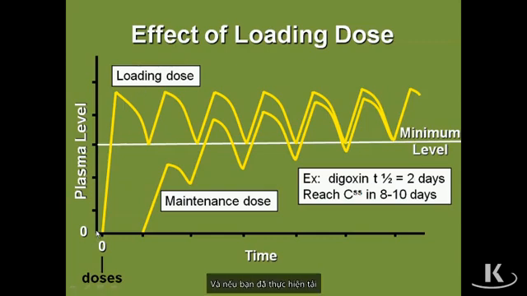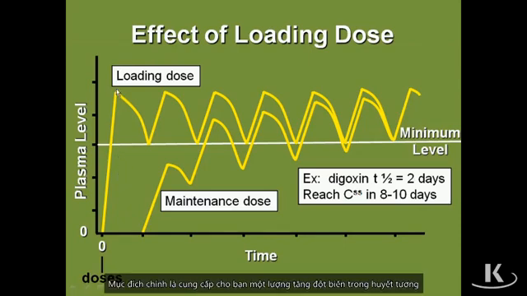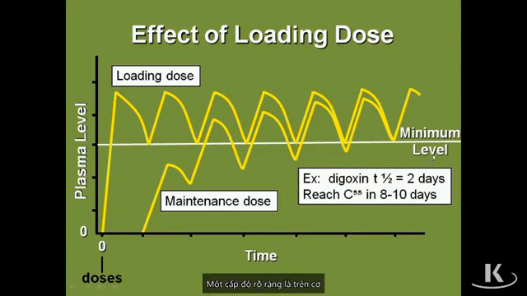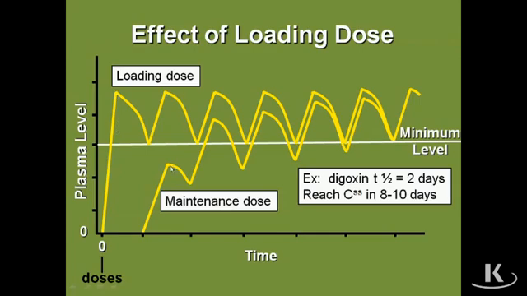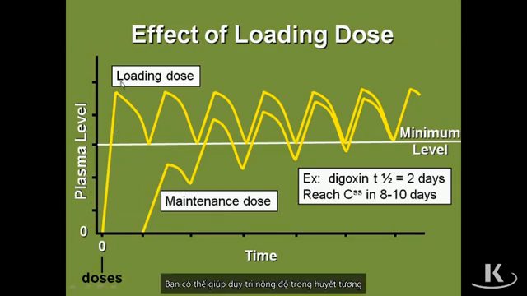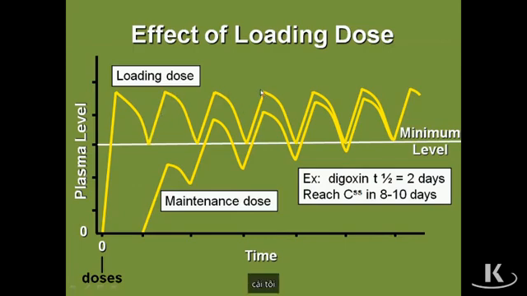Okay? And if you gave a loading dose, most often that loading dose is going to be twice the maintenance dose. Its primary purpose is to give you a spike in the plasma, a level that's clearly above the MEC, so that the drug is going to start working and have its effect in the body right away. If you then follow that loading dose up with a maintenance dose, you can help to maintain plasma levels that are above the MEC.